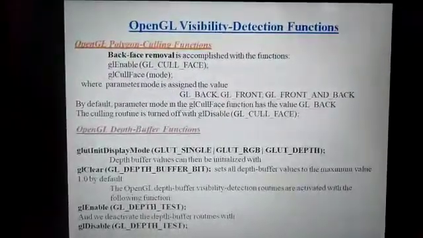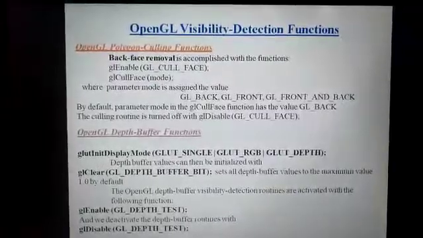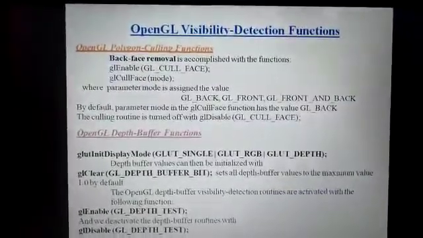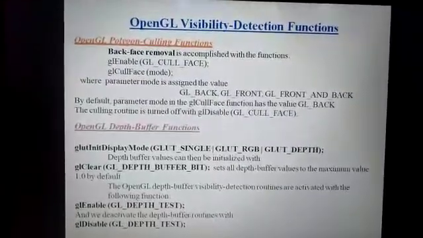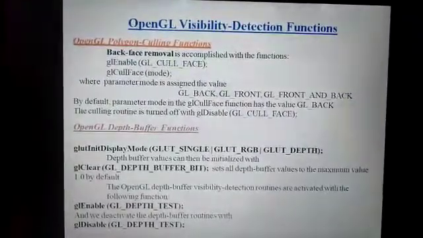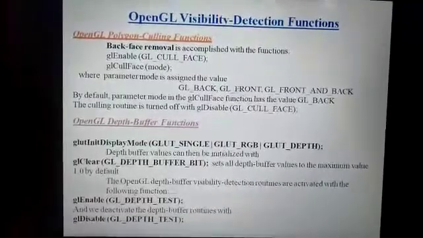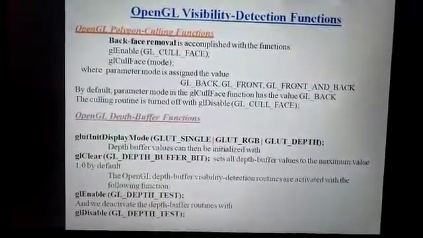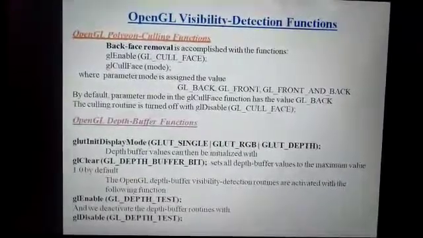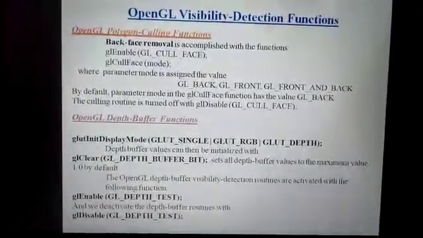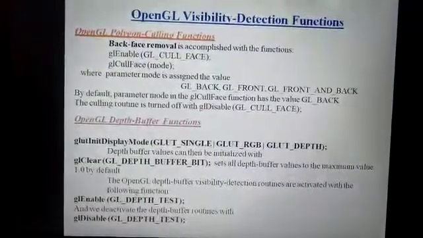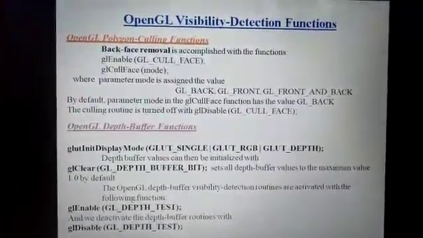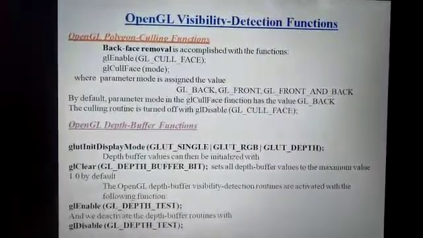So this is a function in OpenGL we will be using for the removal of backface, and glCullFace of mode, where parameter mode is assigned the values as GL_BACK, GL_FRONT, GL_FRONT_AND_BACK as the user needs. By default, the parameter mode in the glCullFace function has the value GL_BACK. The culling routine is turned off with glDisable.